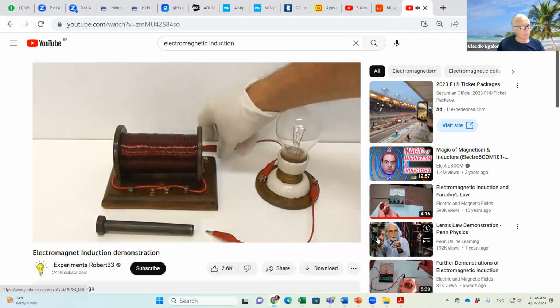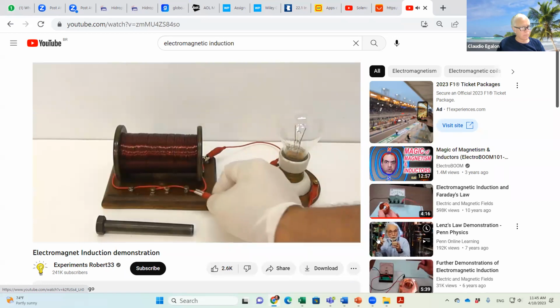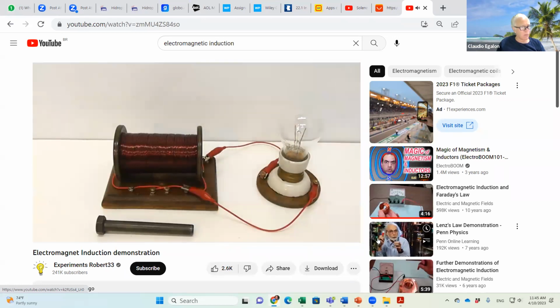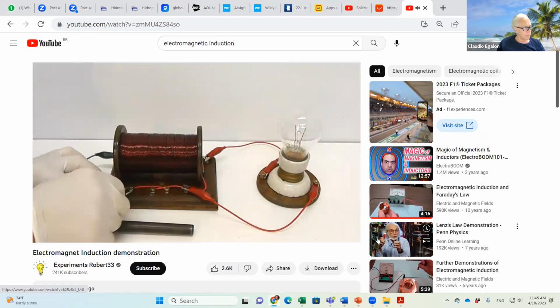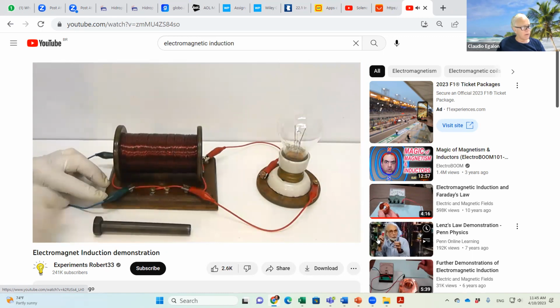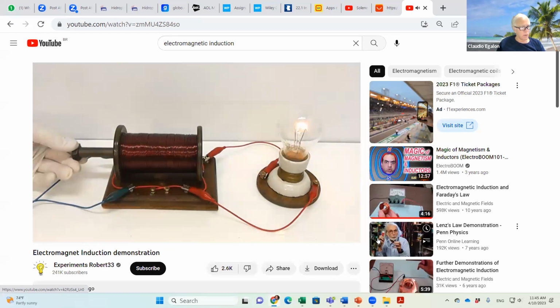Okay, he's going to hook up this lamp to the solenoid. Remember, there's no battery whatsoever. And what he's doing here, he is completing the circuit. Okay, do you see?